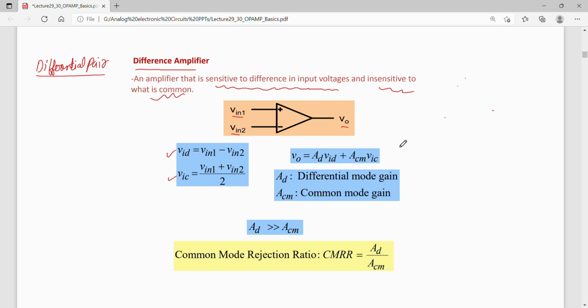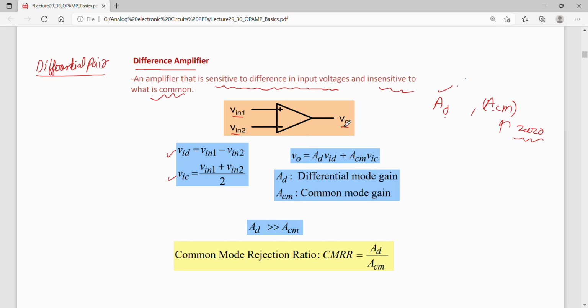We had earlier studied these two gains, differential mode gain and common mode gain. Ideally we want the common mode gain to be 0, so that CMRR can be high and there is no noise present in the output. But if it is not 0, then it has to be included in the output apart from the differential mode gain.